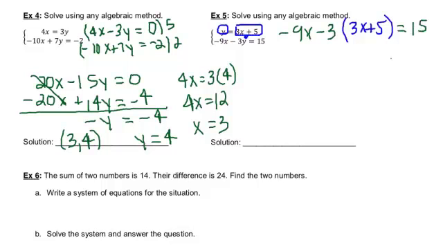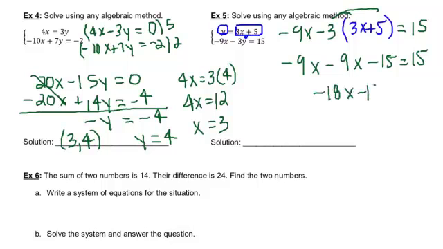Again, we need to get rid of our parentheses, so we're going to distribute. So we have negative 9x minus 9x minus 15 equals 15. Negative 9x minus 9x is negative 18x. We still have minus 15 equals 15.